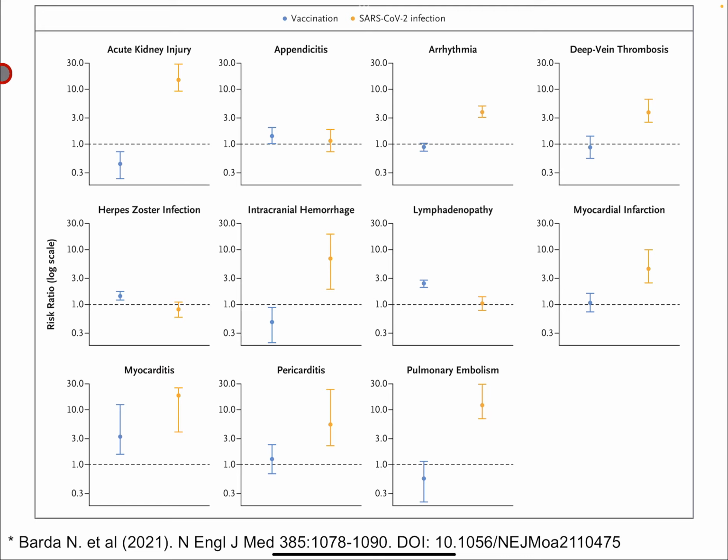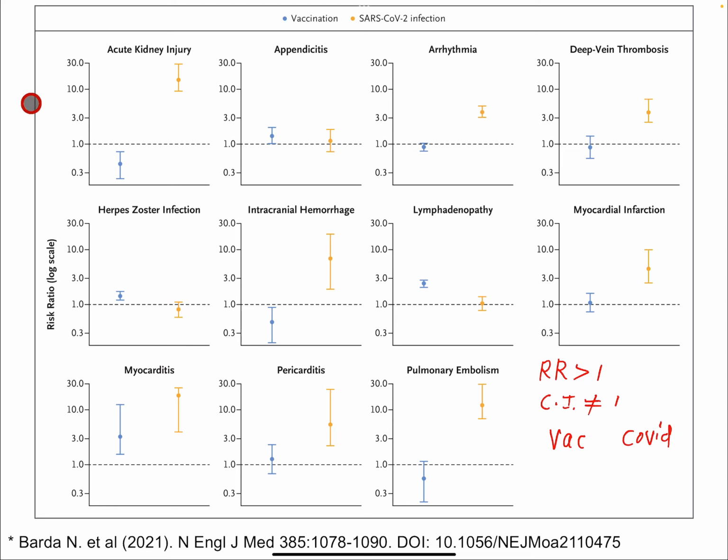To answer this question, we first need to know 2 concepts. First, an adverse event means risk ratio above 1. Second, a significant event means confidence interval does not overlap with 1. With these, let's look at vaccine versus COVID-19 infection.